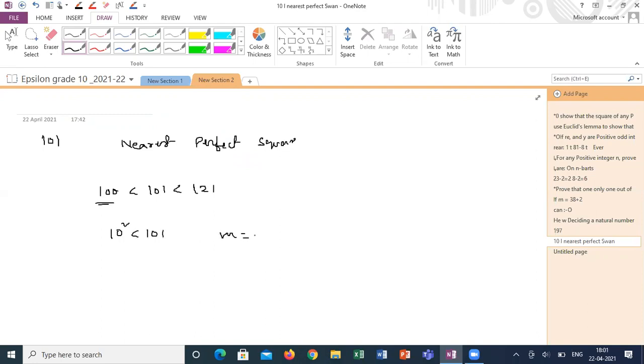So m is 10. What are the primes between 1 and 10? 2, 3, 5, 7. Correct? Check whether 101 is divisible by 2, 3, 5, 7. If all give some remainder, then it is a prime number.